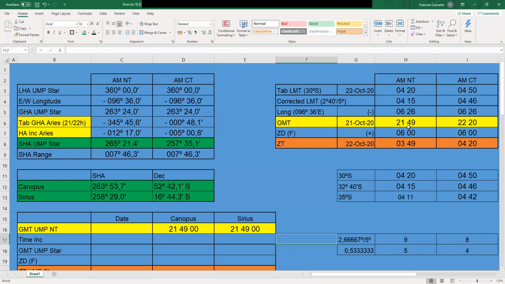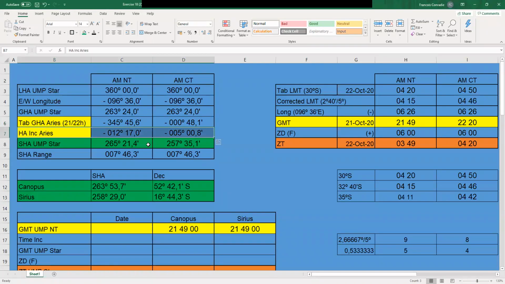We use this because we know the range we're looking at is a 31-minute interval from 21:49 up to 22:20. So our base time is 21:49, and that already includes the increments. That's why we did the increments up here.